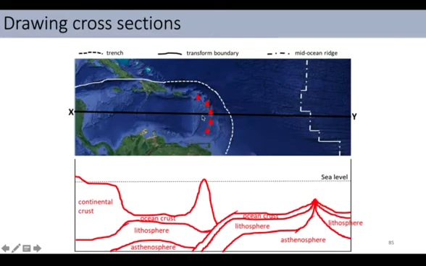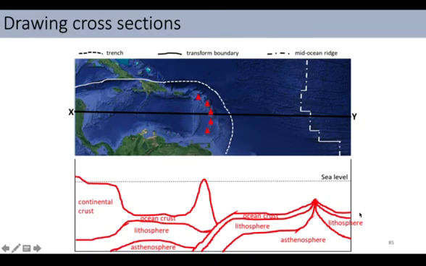We will then hit this chain of islands. So we have this chain of islands. The surface is going to go up above our sea level. And then we hit a trench. So you see our trench. And then there's more ocean here, oceanic crust, before you hit the mid-ocean ridge.